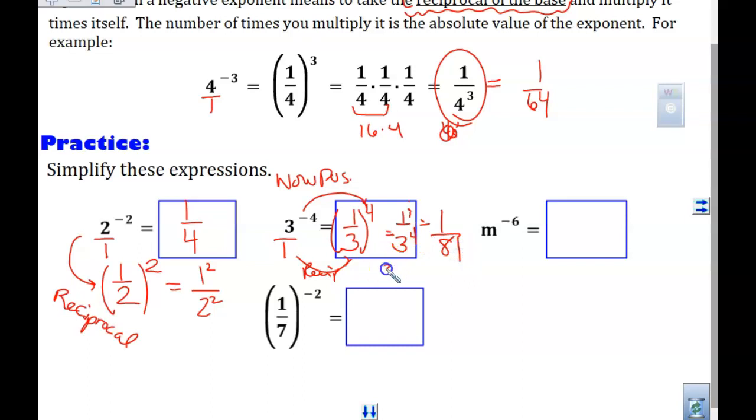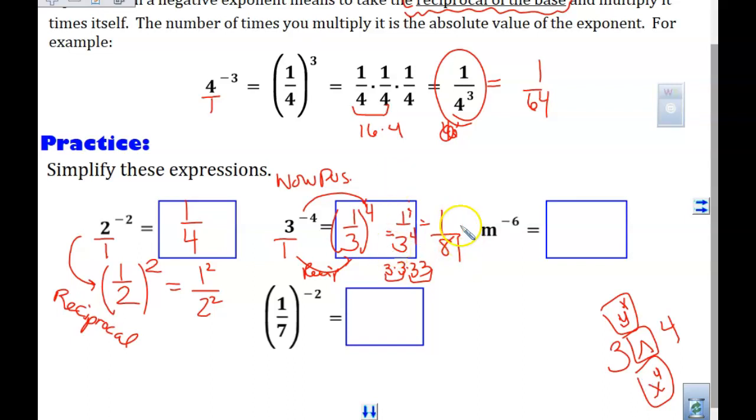So it's having 4 3s, right? 9 times 9. And you could put this in your calculator. On your calculator, you should have this either caret button, 3 to the 4. Some of you might have a y to the x key, or it might be x to the y. And if you put that in, you should get 81, okay?